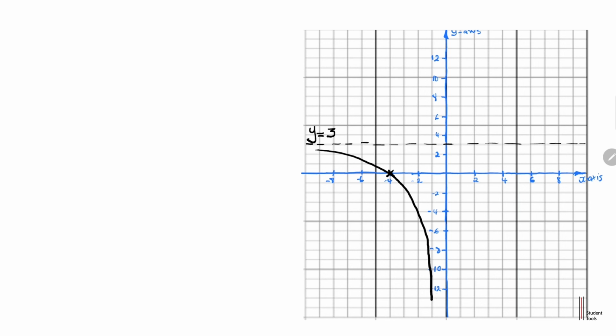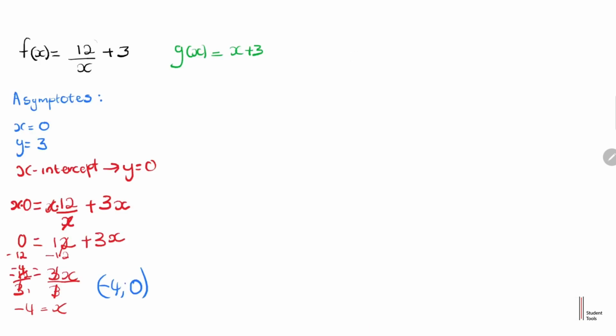For the other part of the graph, we are sketching it here. This is the asymptote, and the y-axis is also the asymptote. So our graph will look like this. Now we will label this F. And then we also have G.